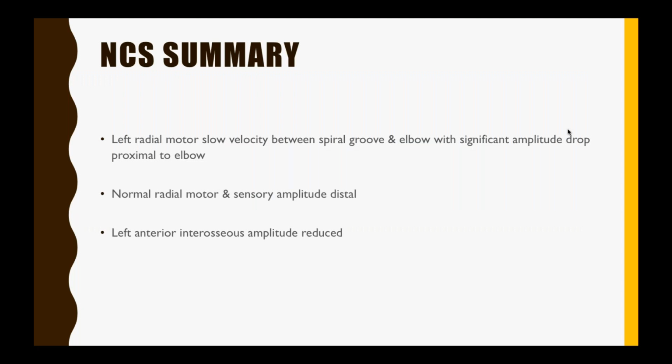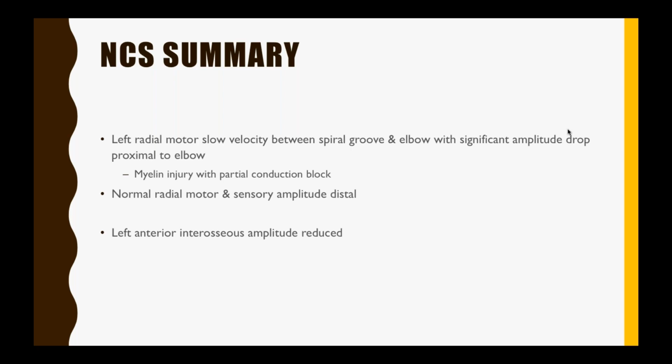So the summary of the nerve conduction studies: left radial motor had slow velocity between the spiral groove and the elbow with significant amplitude drop. Normal radial motor and sensory amplitude distally, and left anterior interosseous amplitude was significantly reduced compared to the opposite limb.